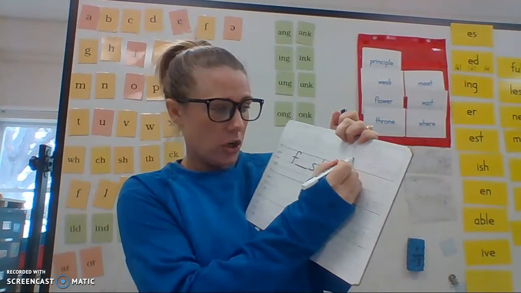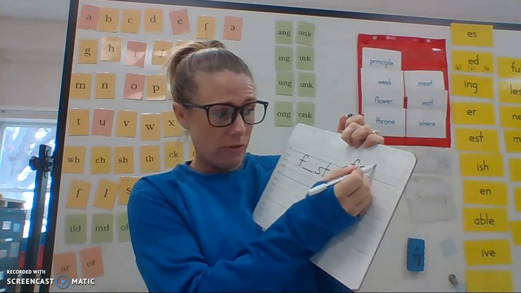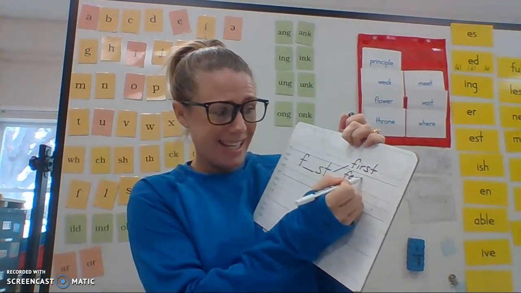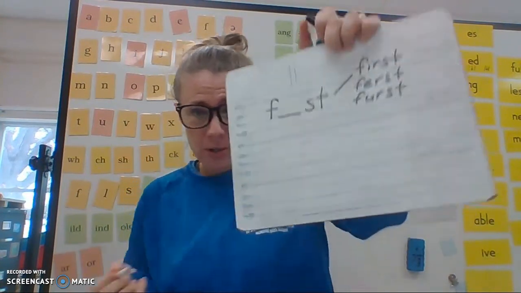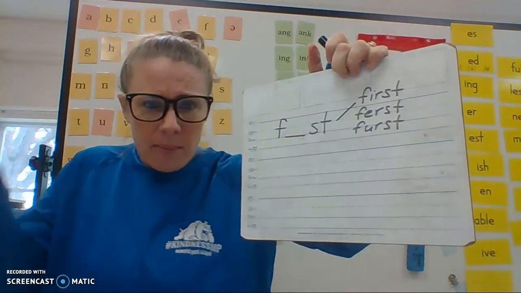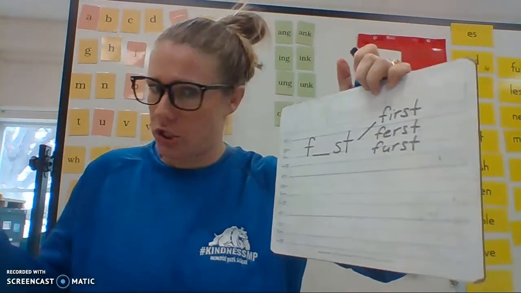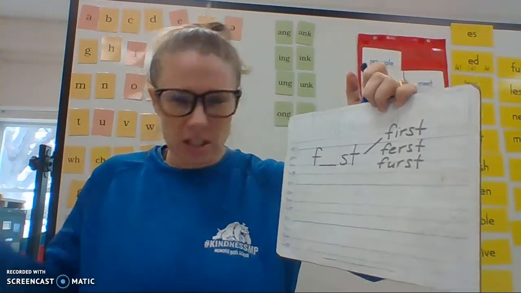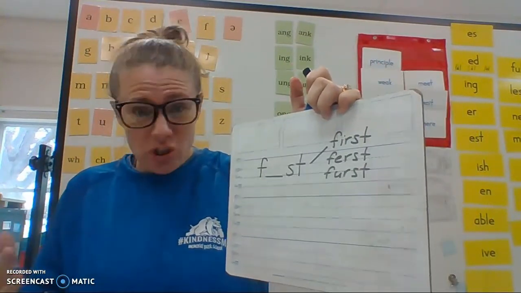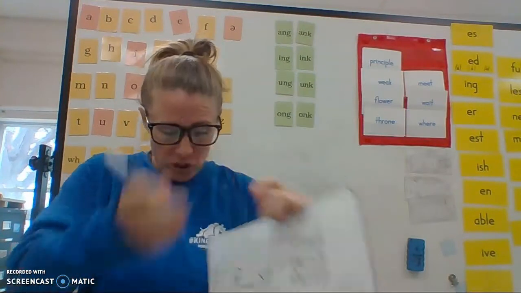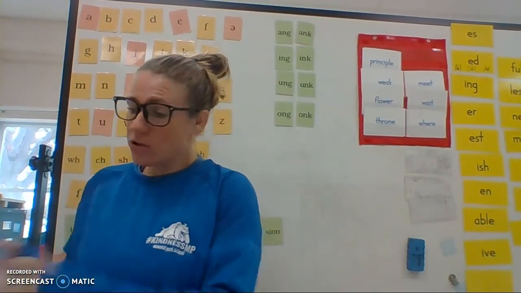Well, it could be IR first, it could be ER first, or it could be UR first. When you don't know and you write them all out, sometimes one just looks right and you know it because you've read it so many times or seen it so many times. But sometimes you just don't know. So you have to check in your notebook.